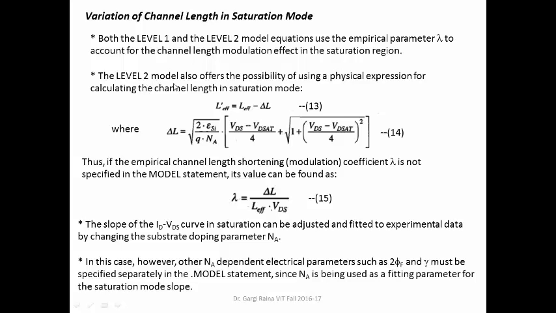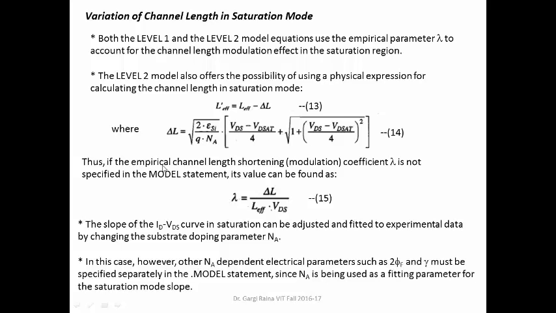Level 2 model also offers the possibility of using a physical expression for calculating the channel length in the saturation mode. So the effective channel length is given by L effective minus delta L, where delta L is given by this expression in terms of the dielectric constant, doping density, and Vd minus Vd sat.